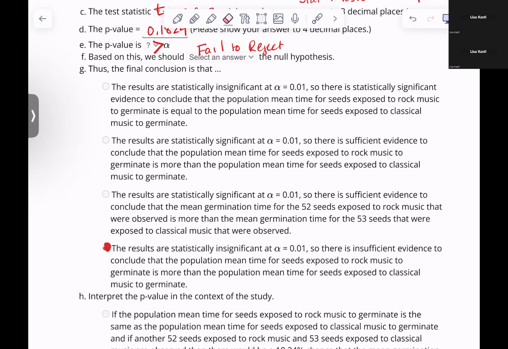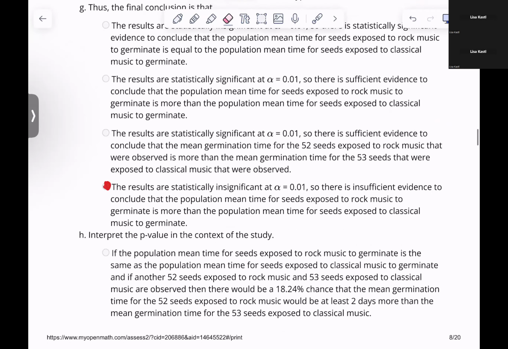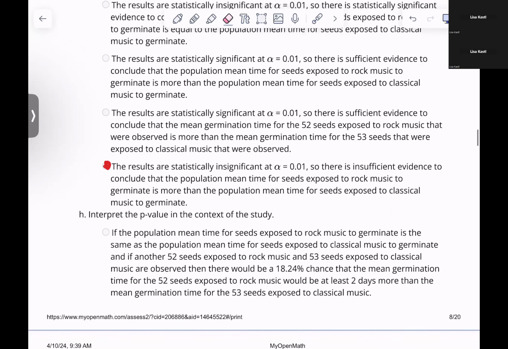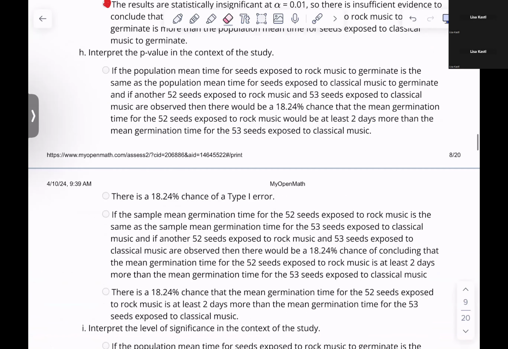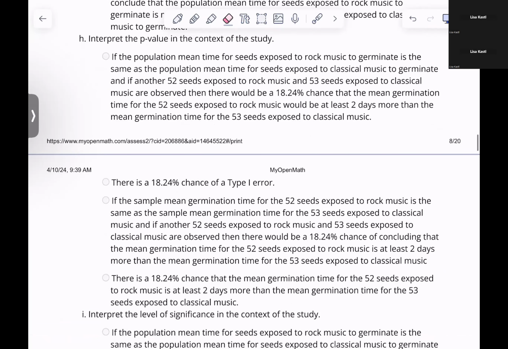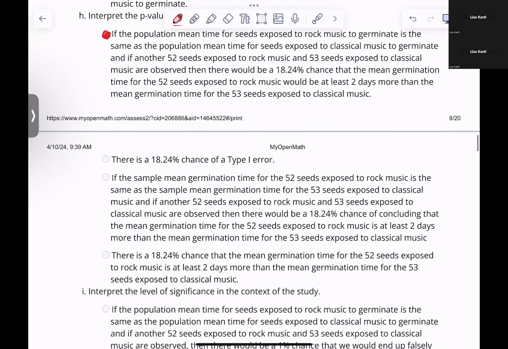The other one that was statistically insignificant was the first one, Germany. Yep, that's it. Population mean, it's got to be the first one, because it's the only one that has population mean in it.